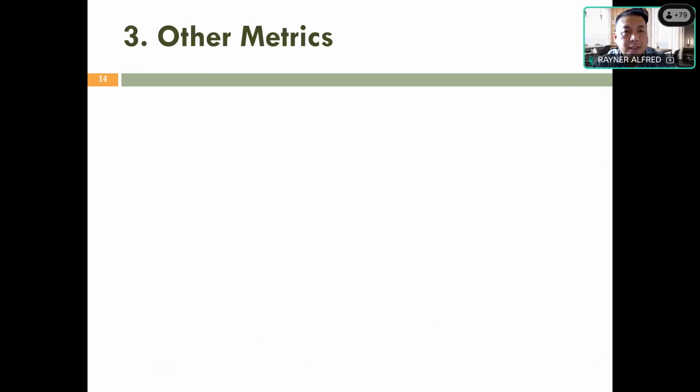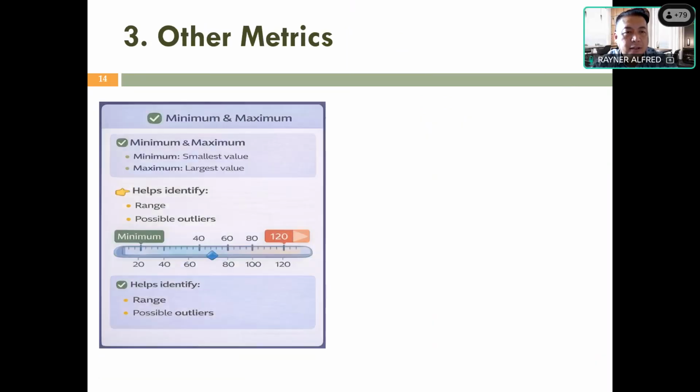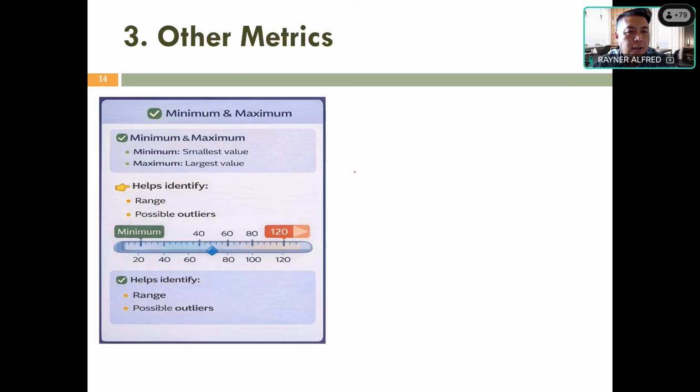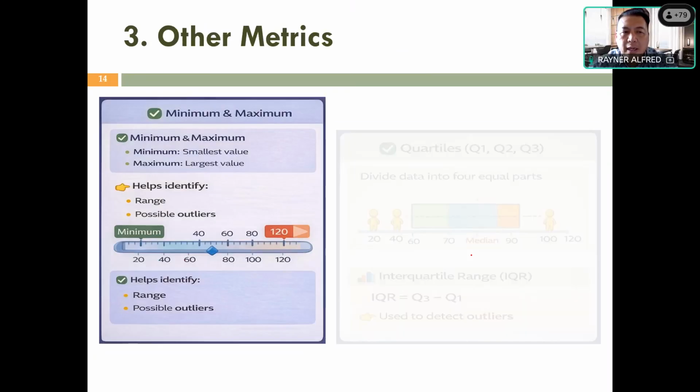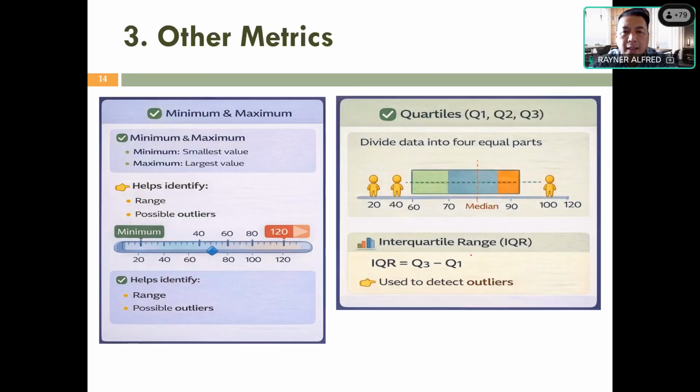And the other metrics that we can use is, for instance, the minimum and maximum value to look at the range and also the possible outlier, and quartiles. Okay, Q1, Q2, Q3, and Q4. Okay, so this is very important if we want to look for outliers.